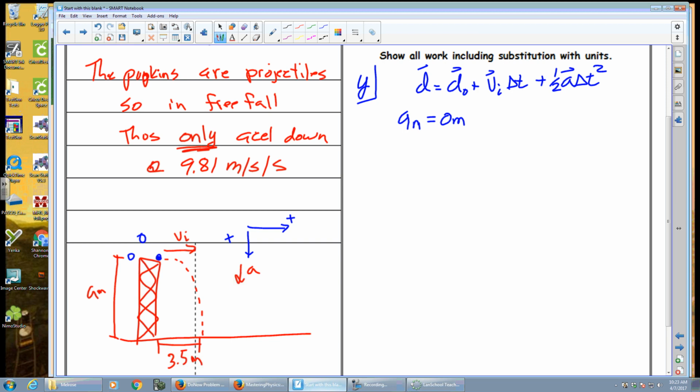But down positive, so 9 meters equals 0 plus, oh, this is 0, isn't it? 0 times delta t plus 1/2 positive 9.81 meters per second squared delta t squared.